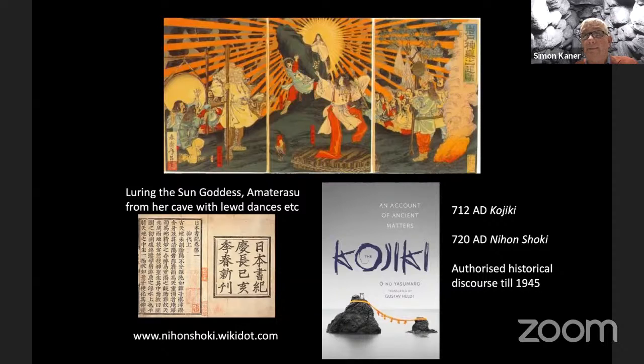These two early 8th century books were the official version of Japanese history until 1945, and anybody who questioned it could find themselves in difficulties, especially post 1890 and the imperial rescript on education.